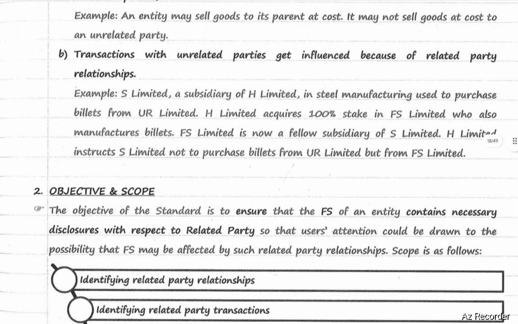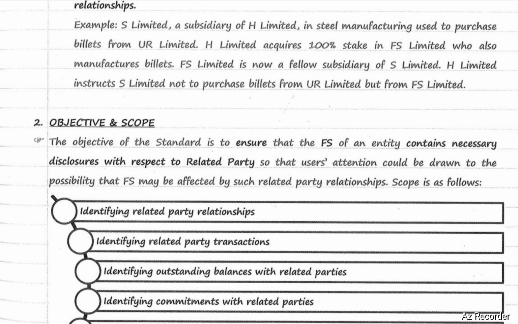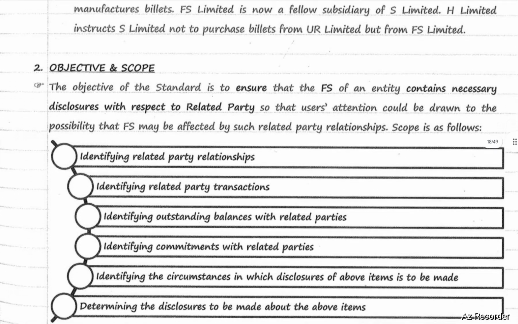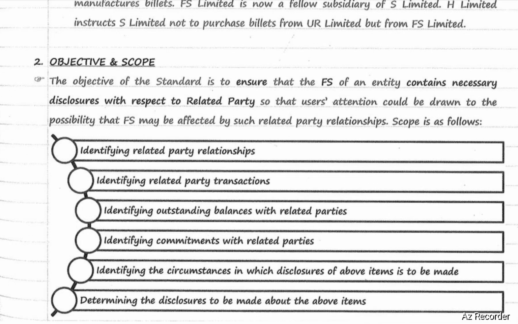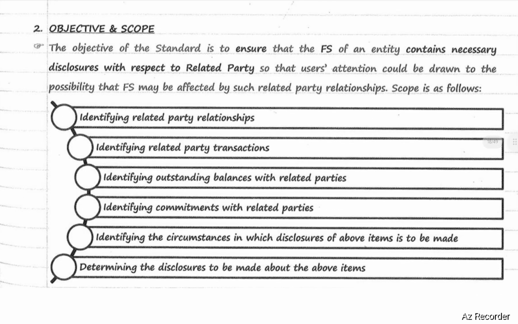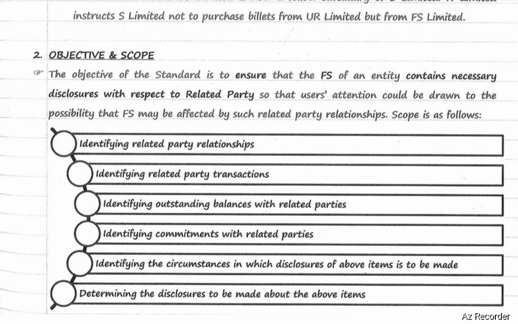Next, objective and the scope of Ind AS 24. The objective of the standard is to ensure that financial statements of an entity contain necessary disclosures with respect to related parties so that users' attention could be drawn to the possibility that financial statements may be affected by such related party relationships. Scope of Ind AS 24 is as follows.